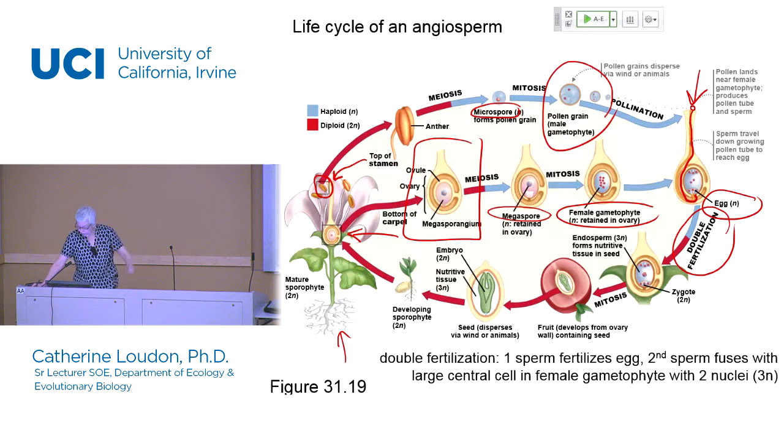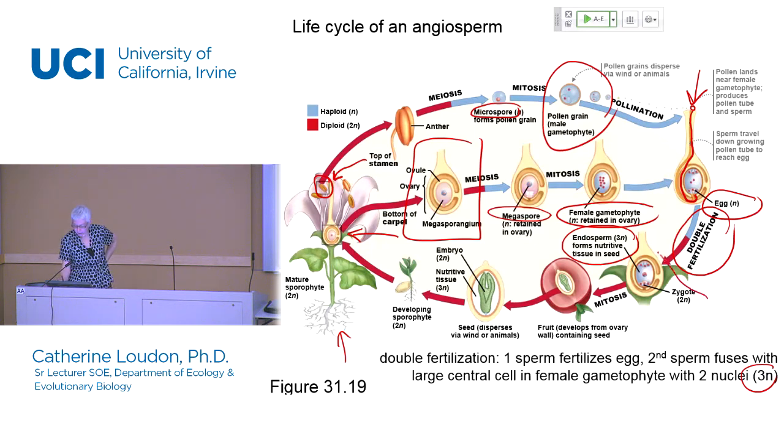A second sperm fuses with a cell in the female gametophyte that has two haploid nuclei. So this separate event that is going on simultaneously then generates a triploid tissue. So this is separate from and in addition to the actual zygote.